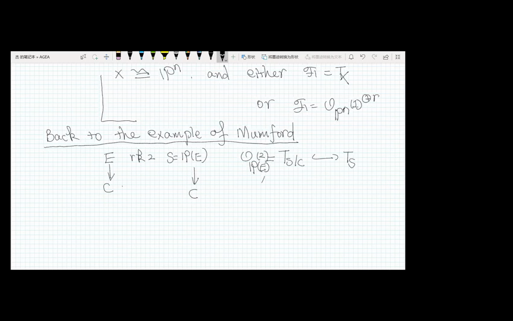We have seen that this bundle is strictly nef. So the relative tangent bundle of S over C is also strictly nef.